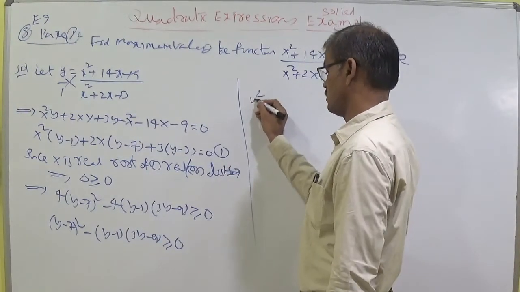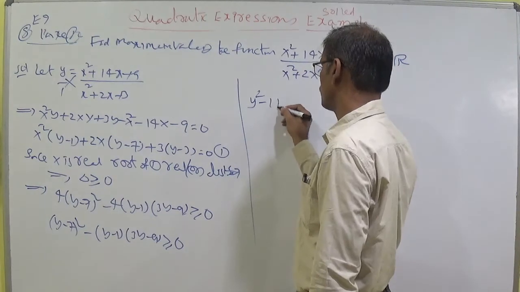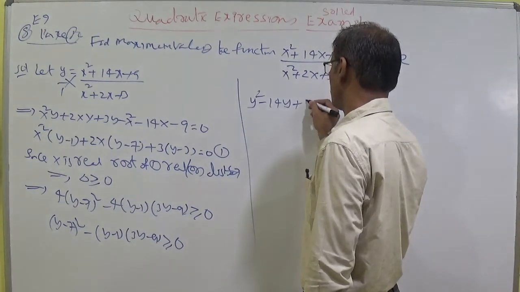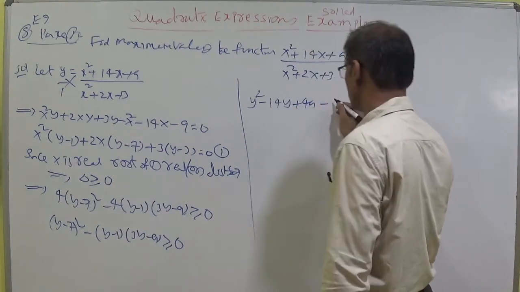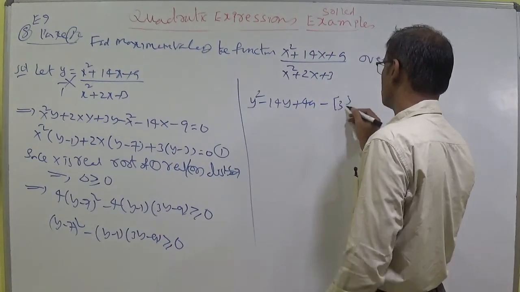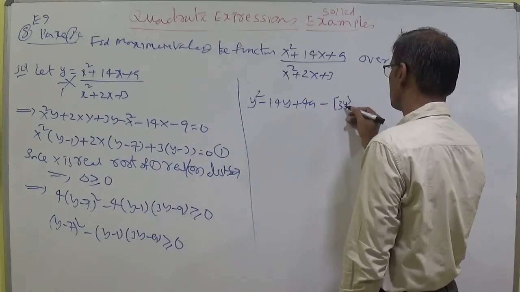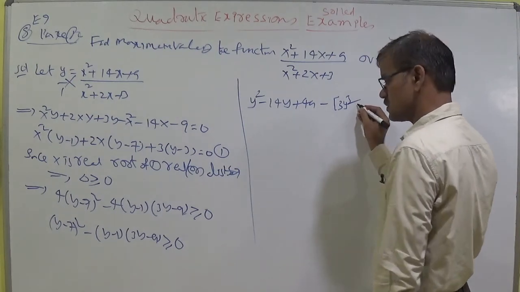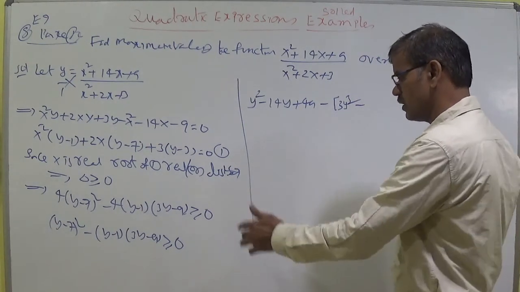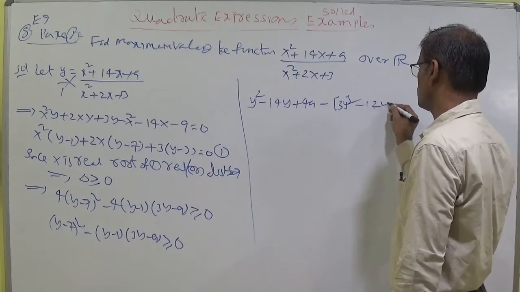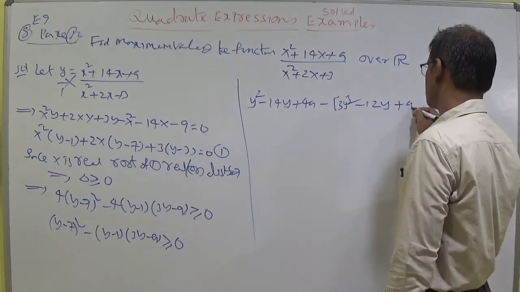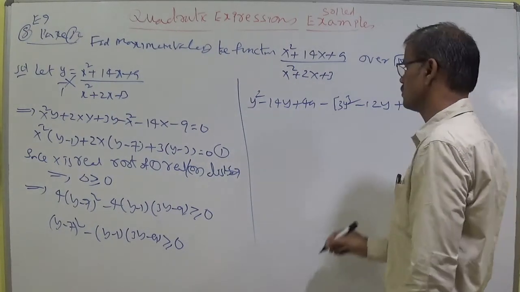Now you can write y square minus 14y plus 49 minus 3y square minus 3y minus 9y becomes minus 12y plus 9 greater than or equal to 0.